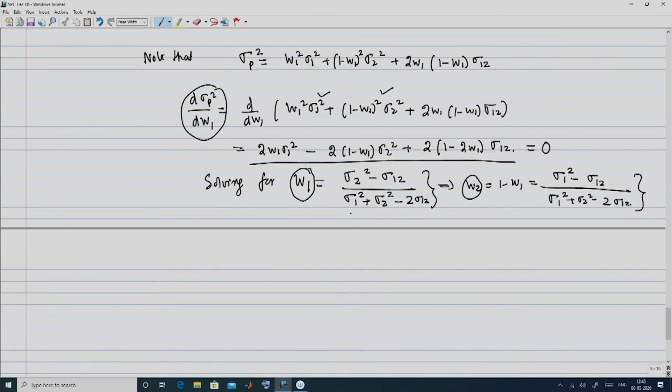And you notice, what are the quantities both these expressions involve? They involve σ1², σ2² and σ12, which are the variances of the two assets as well as the covariance of the returns of those two assets. And these are the numbers that we have already seen how you can determine from the historical data.